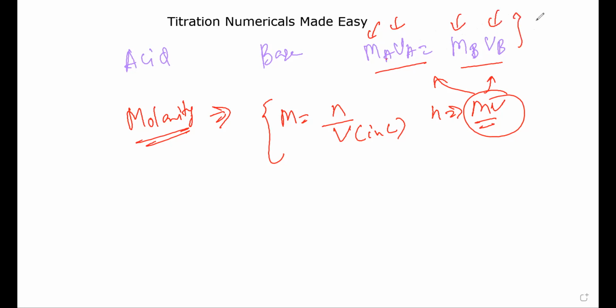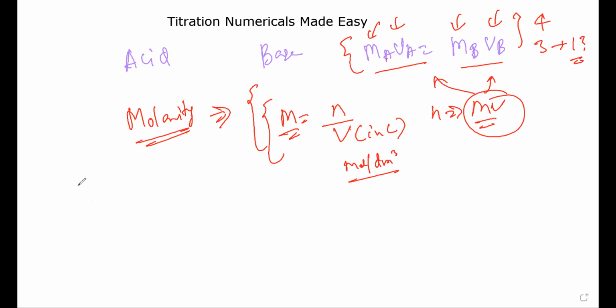Out of these four variables, three will be given to you and one you will have to figure out on your own by using this formula, MAVA equals MBVB. Now, let us have some clarity with respect to this formula. The unit of molarity is mole per decimeter cube.